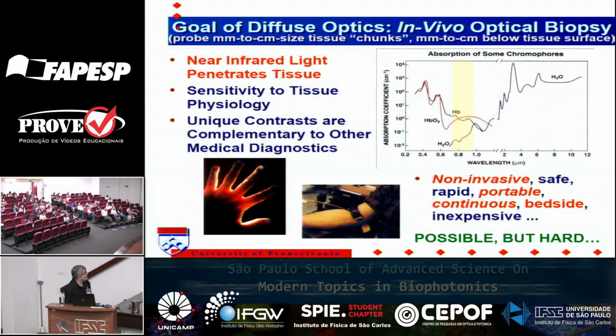So in principle, if your light's penetrating, you're going to have some sensitivity to physiology and some contrasts, I'll show you tomorrow, that are complementary to other diagnostics. And you can do these measurements in a non-invasive, portable, continuous way. So this is possible, and there are certain hard things about it.